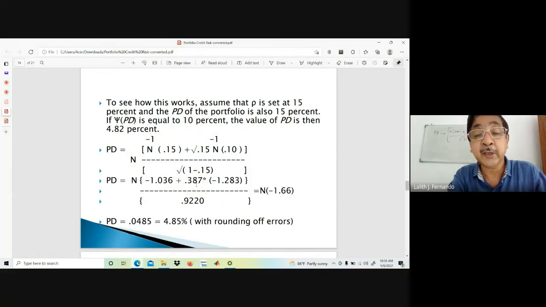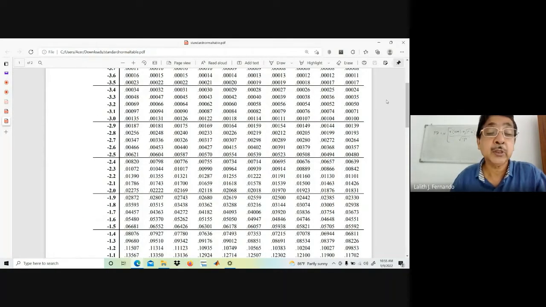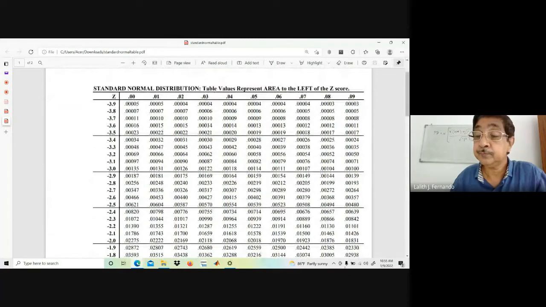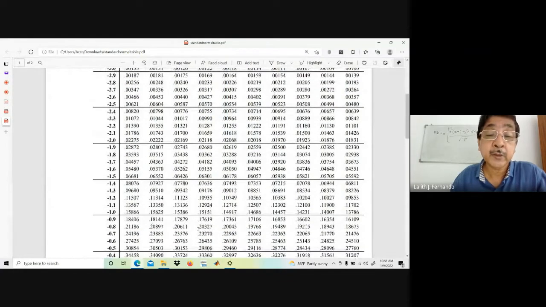Now can you just check that? Now you have the value, you have this standard normal curve. Now here you have to check 0.10. Just show me where 0.10 is.